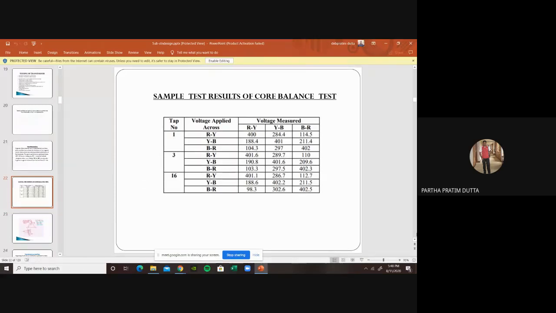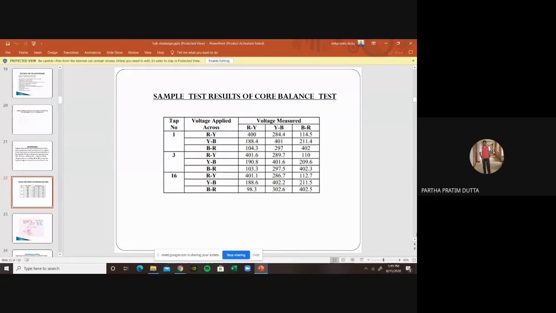We usually do it in three different tap positions: tap position number 1, tap position number 3, and tap position number 16. Our normal tap position is 5, but we test with different tap positions so that we can ensure the core is acting properly in any tap position.